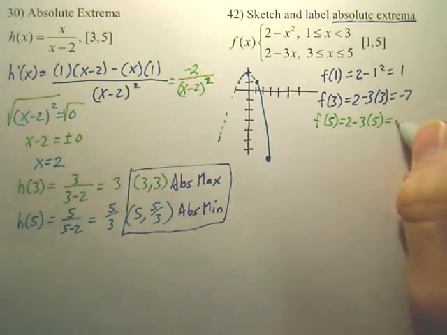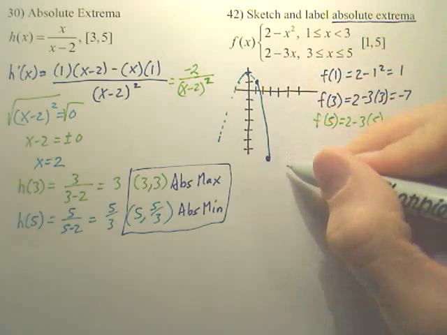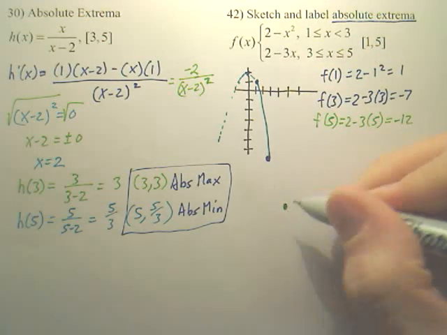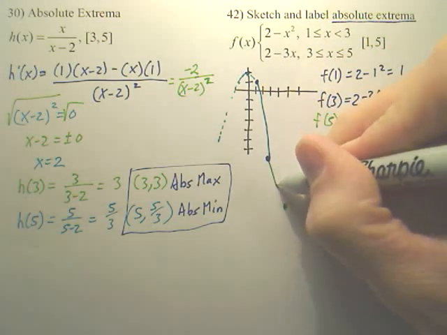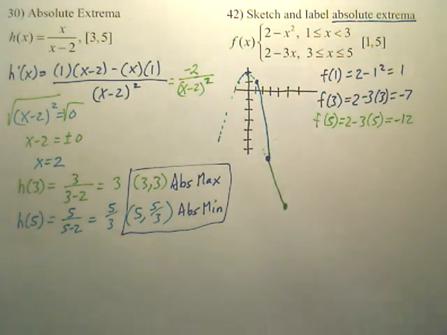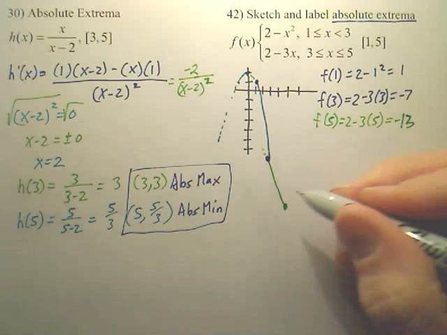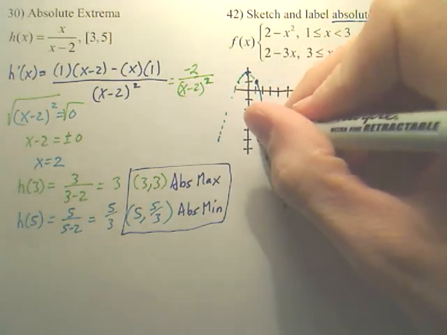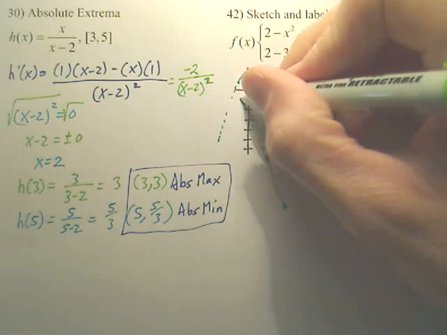That'd be 15, so that'd be negative 12. So at 5, we'll be way down here at negative 12. And isn't this a straight line? So that would just be a straight line like this. Thank you, negative 13. Thank you for the correction. It would be negative 13. It would still be down here somewhere. I may not be completely accurate, but it would be going through 2 right here.